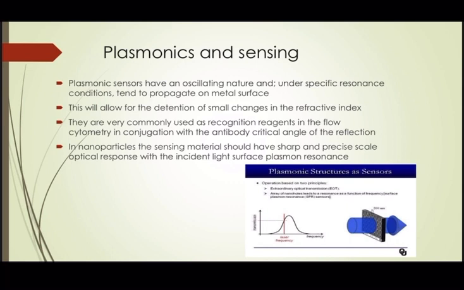They are very commonly used as recognition reagents in flow cytometry in conjugation with antibodies, and in nanoparticle sensing the material should have a sharp and precise optical response with the incident light phase plasmon resonance. According to this picture, we come to know about the plasmonic structures that behave as sensors.